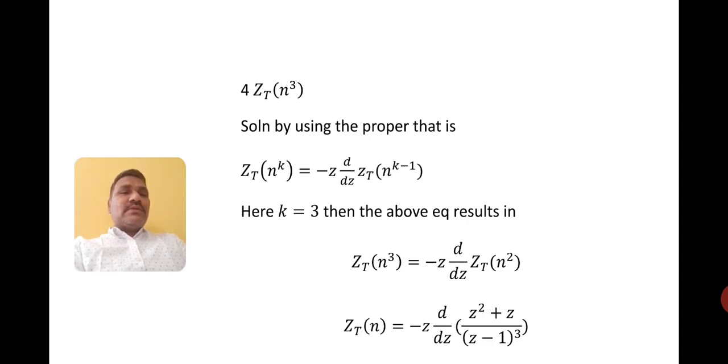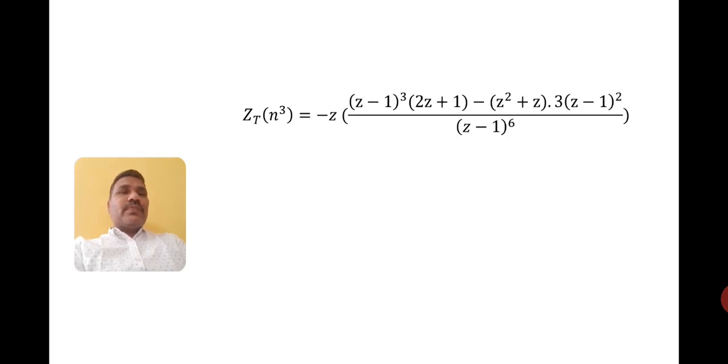Here the denominator part is Z minus 1 whole to the power 3 and the numerator part is Z square plus Z. So Z minus 1 whole to the power 3 first, times the differentiation of the numerator, which is 2Z plus 1, minus Z square plus Z times 3 into Z minus 1 whole square. The common thing you will see is Z minus 1 whole to the power 2.